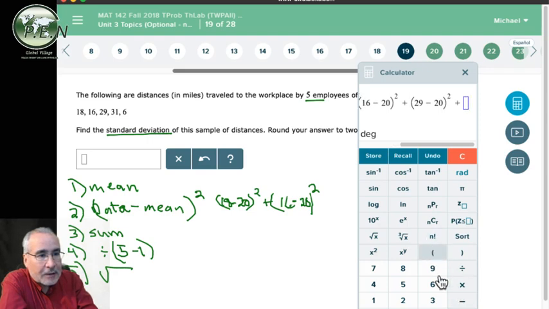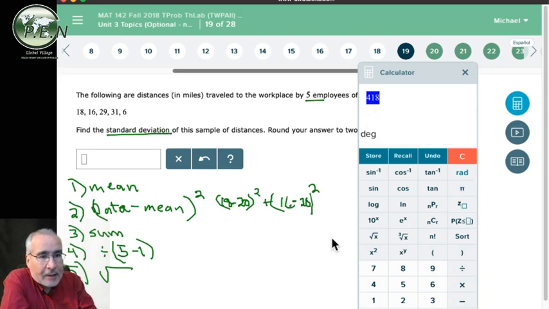Plus parentheses 31 minus 20, and then we square that. And then we add one more, which is 6, subtract 20. And we're going to hit equals.